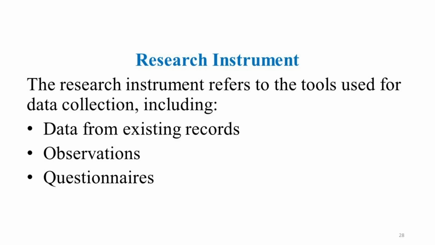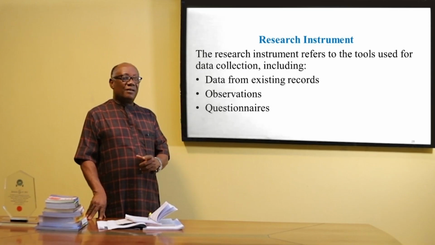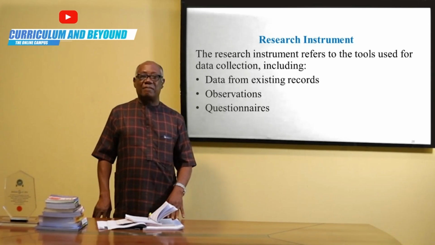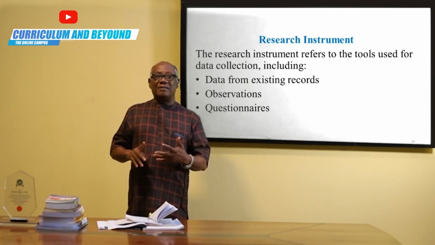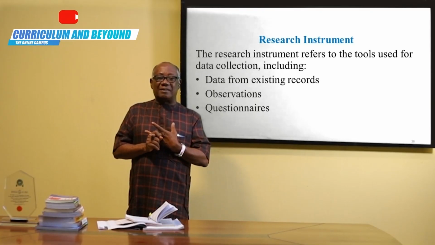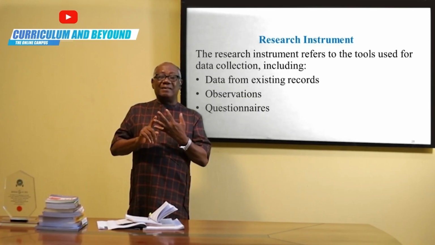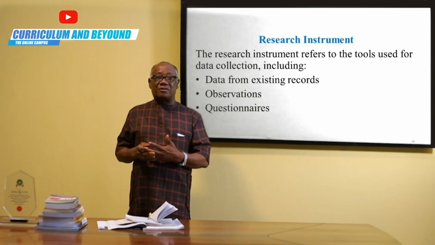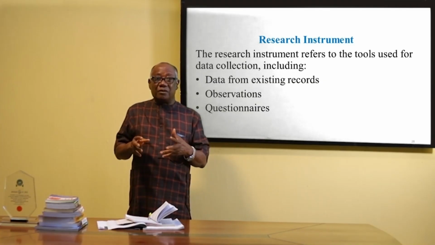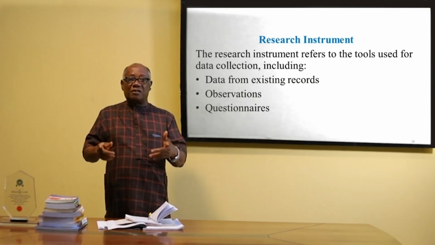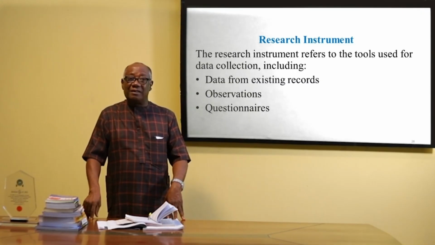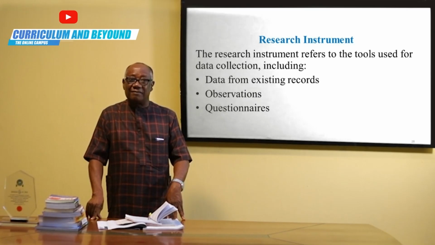Now, every empirical research normally would collect data for the purpose of the study. Data are collected using instruments. You can get data from existing records. You can get data from observation. You can get data from a questionnaire. You describe the instrument you want to use to collect your data.